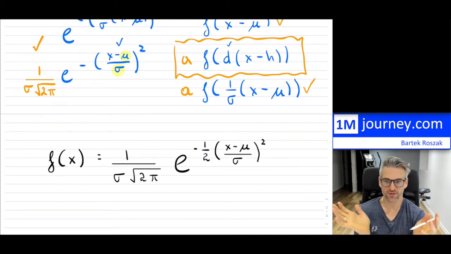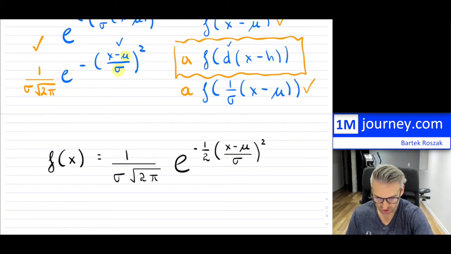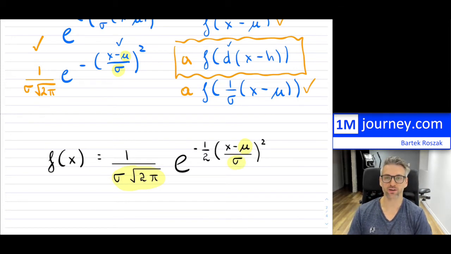All I've done is really just transform, so I'm just shifting things around. So it is being centered around my mean, and it is being normalized so that the probabilities work out by this factor, and then you have your standard deviation within here.